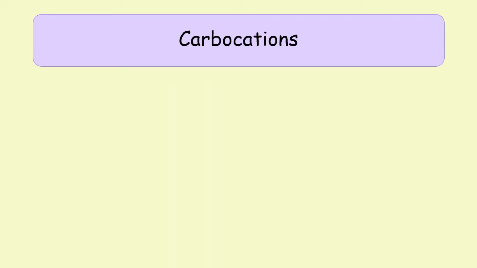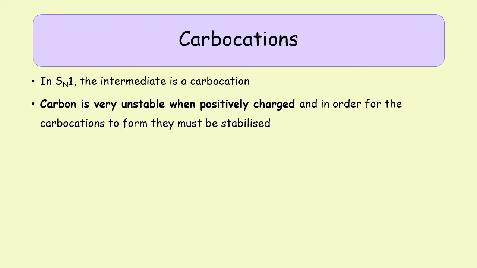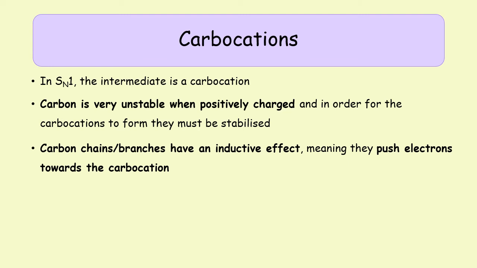So we'll talk about carbocations. In SN1, the intermediate is a carbocation. That carbocation involves a positive charge being on a carbon, and that is exceptionally unstable for carbon atoms to be in that way. And it must be stabilized by the other atoms or groups bonded to the carbon.